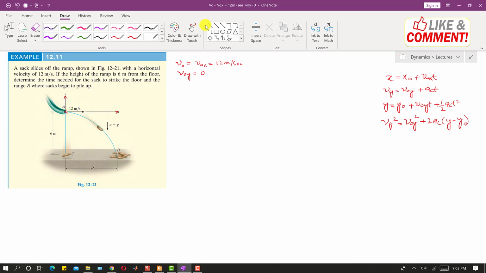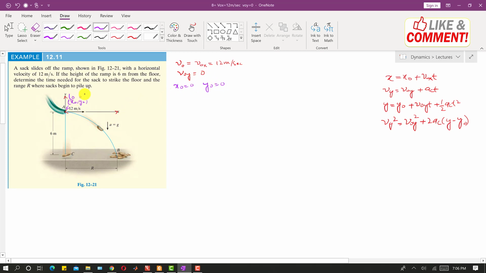So the coordinates of point A, x naught and y naught, are x naught equal to 0 meters and y naught equal to 0 meters.